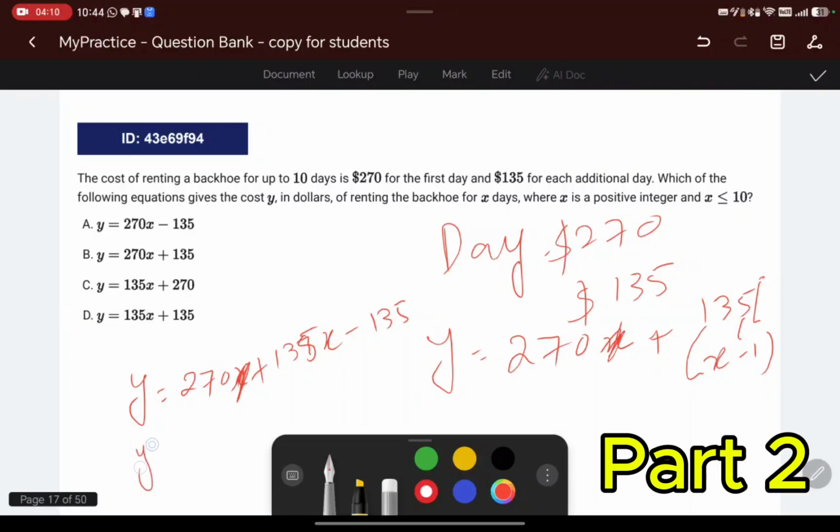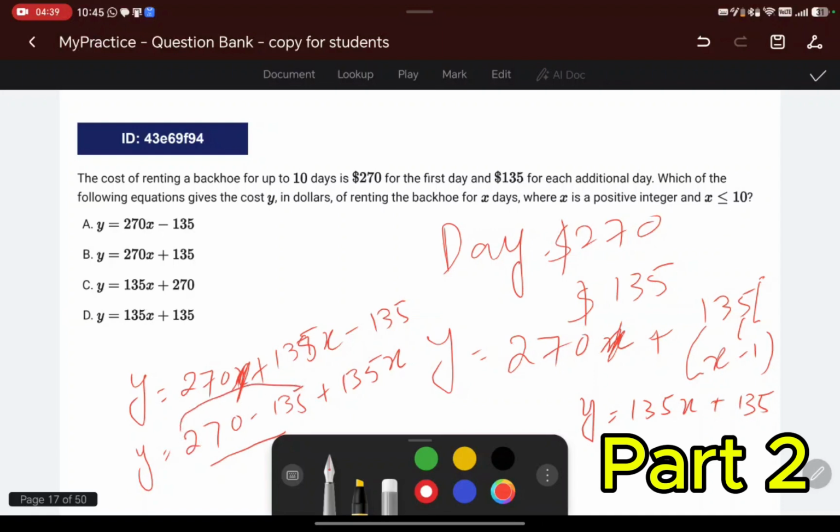So it will be y equal to 270 minus 135, plus 135x. So this gives us y equals 135x plus 135 after subtracting. Okay, so here we have the equation.